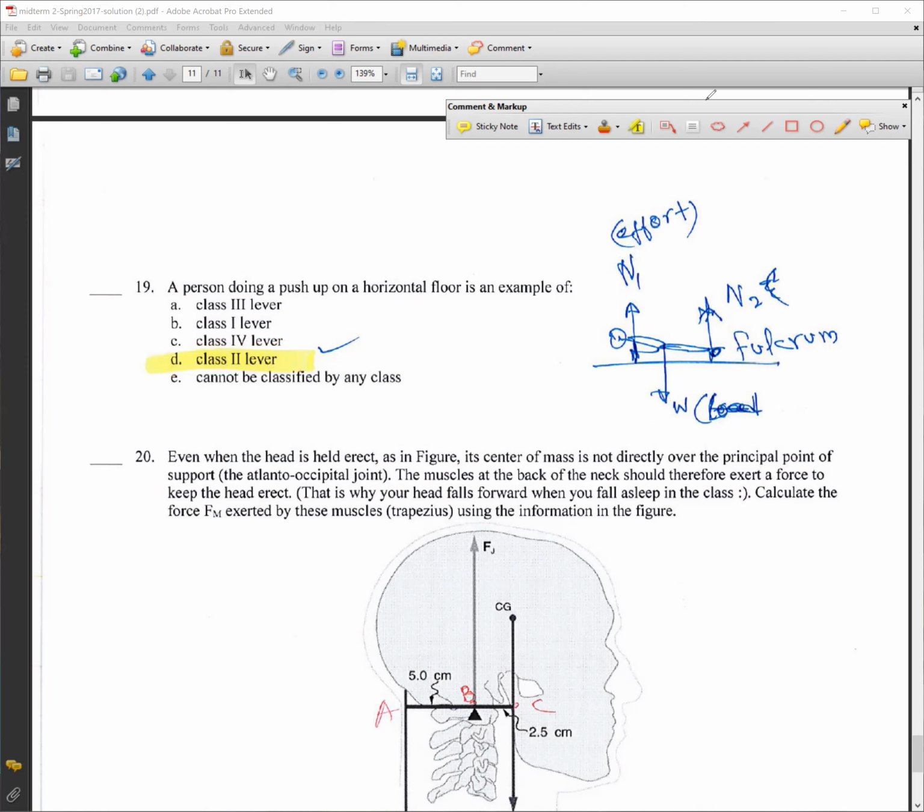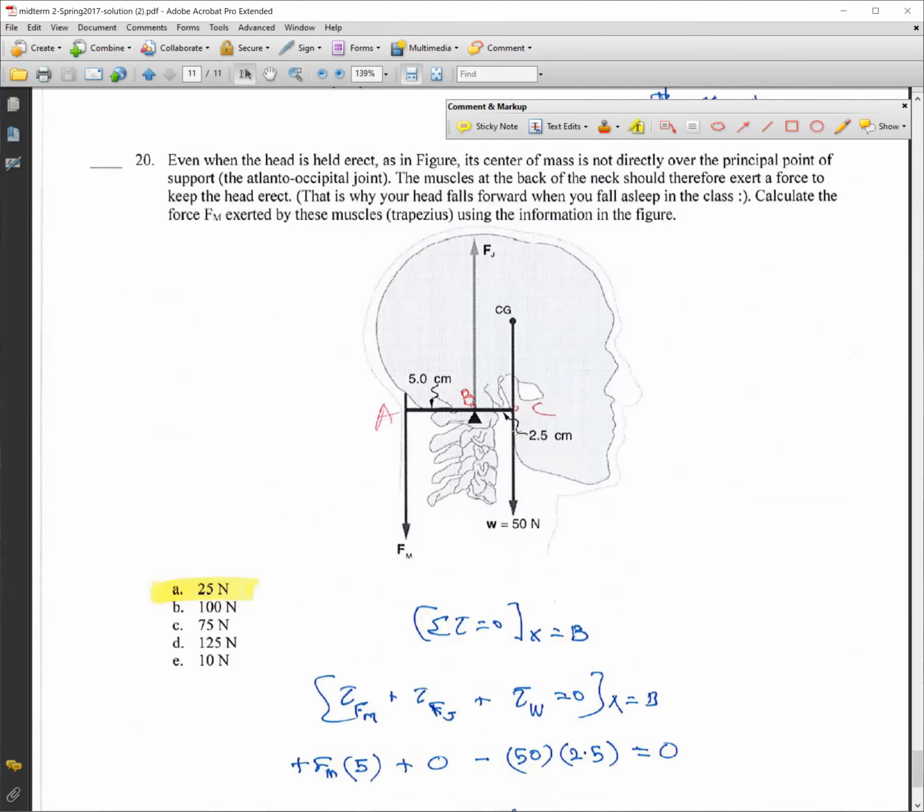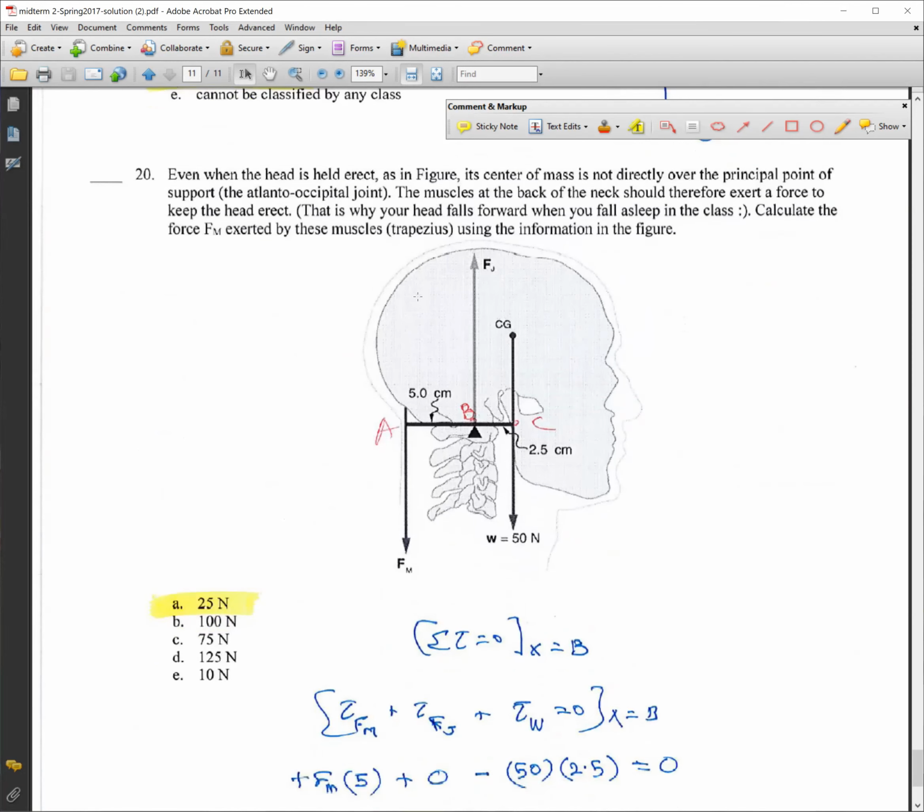Now, last question. Last question in this midterm is the following, question 20. Now we have the following: even when the head is held erect, as in the figure, its center of mass is not directly over the principal point of support, the atlanto-occipital joint.